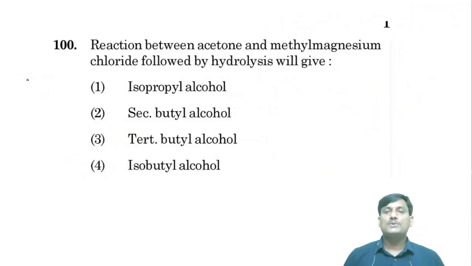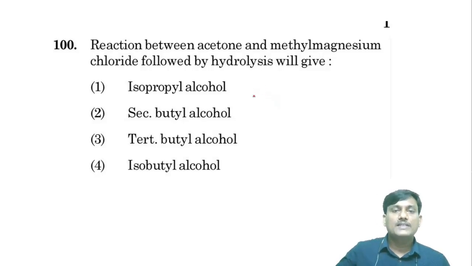Reaction between acetone and methyl magnesium chloride followed by hydrolysis will give what? Here it is a reaction between a ketone and an alkyl magnesium chloride, that is a Grignard reagent. In this case, there is a formation of tertiary alcohol. Acetone is the ketone, C double bond O with CH3 and CH3.